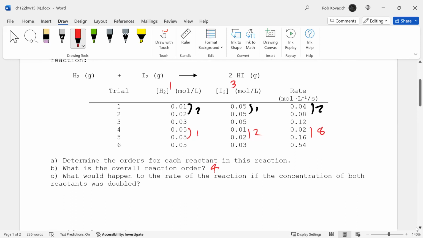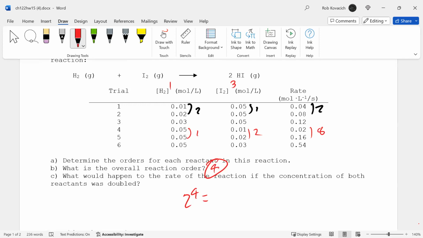What would happen if I doubled both? Okay, so that's just a math problem. What do you need to do? Yep, just 2 to the 4th. You just add those things up and I'm doubling it. So that's why it's 2 and it's to the 4th because it's a 4th order reactant.